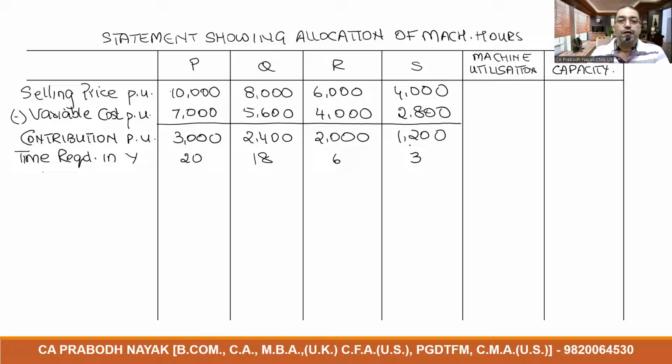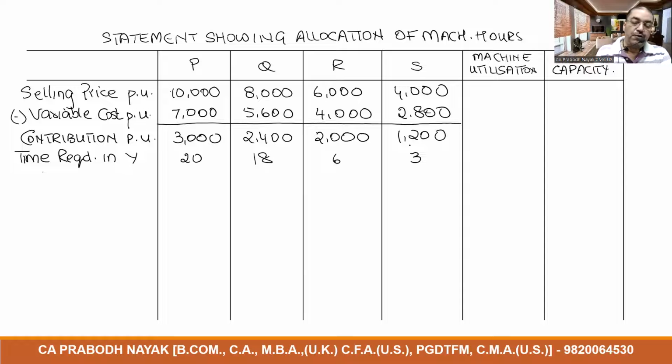Remember, in marginal costing, we used to do similar questions where limiting factor used to come. After we calculated contribution per unit, we used to calculate contribution per limiting factor. Same thing we are doing here also.